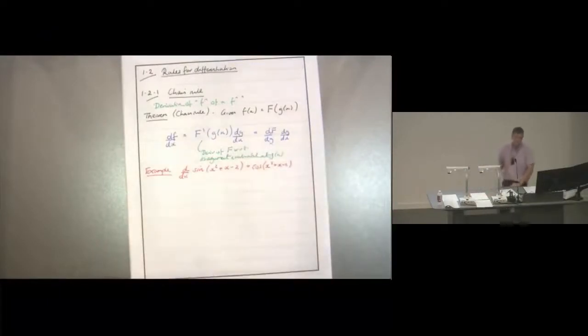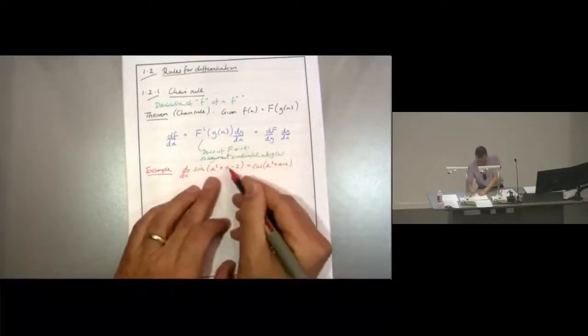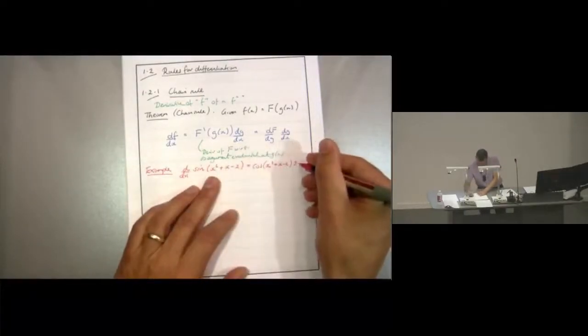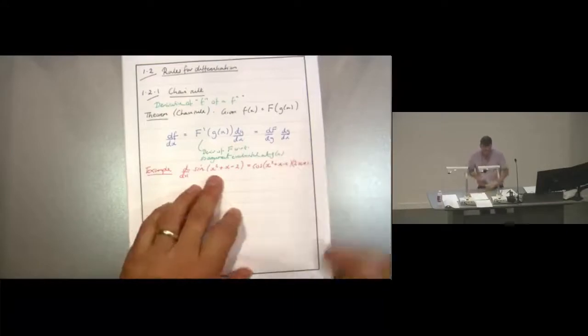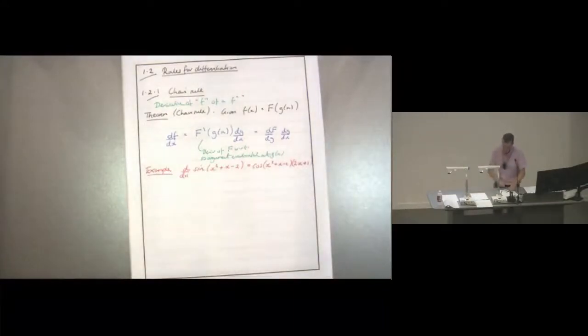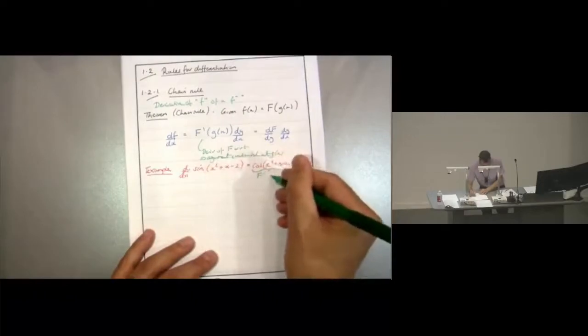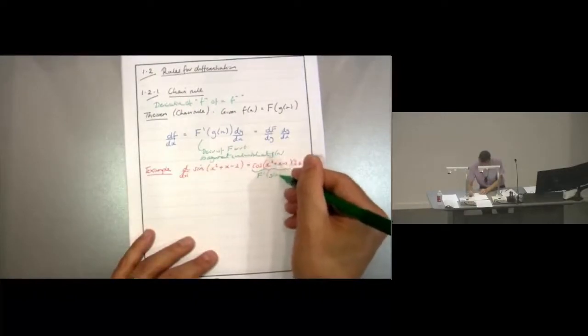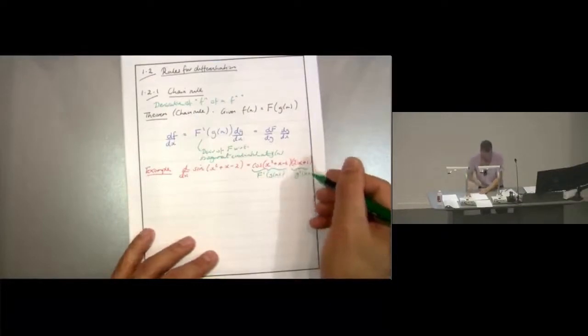And then I have to multiply by the derivative of that argument with respect to x. So that's just the derivative of x squared plus x minus 2 with respect to x. So that's 2x plus 1. So this term here is my f prime of g of x, and this term is my dg dx.